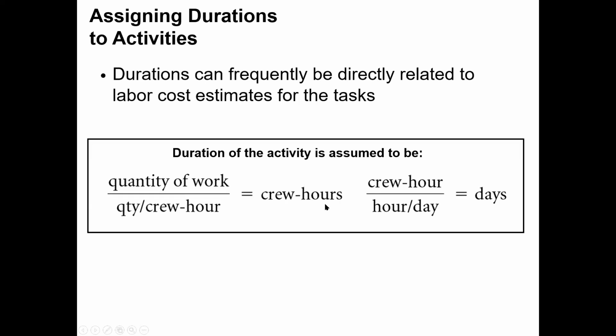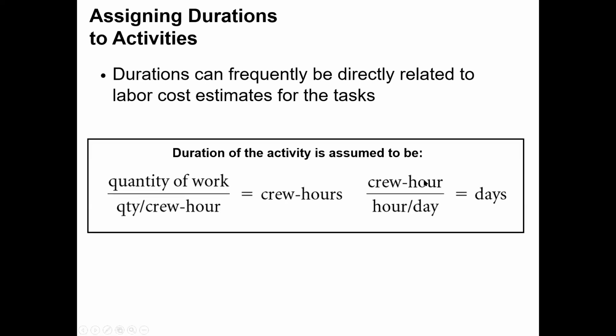The duration can frequently be directly related to the labor cost estimates for the task. So here is an example. The duration of an activity is the quantity of your work divided by the productivity of your crew, and then you get your crew hours. Once you get the crew hours, you can divide by hours per day. At 8 hours per day, you get days. Does that make sense?